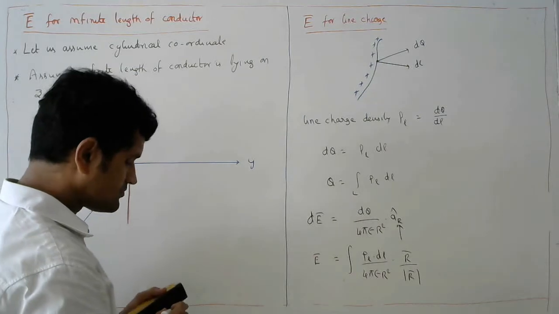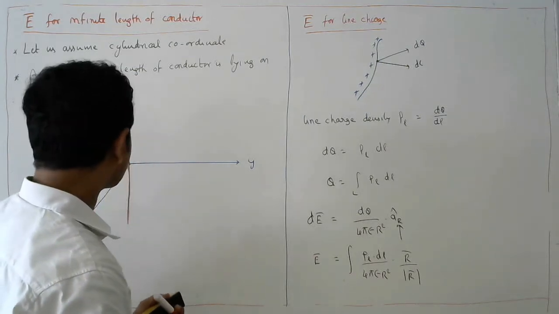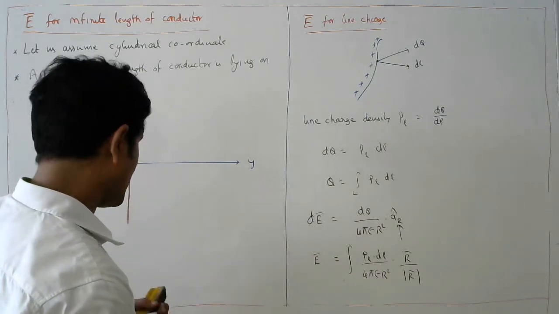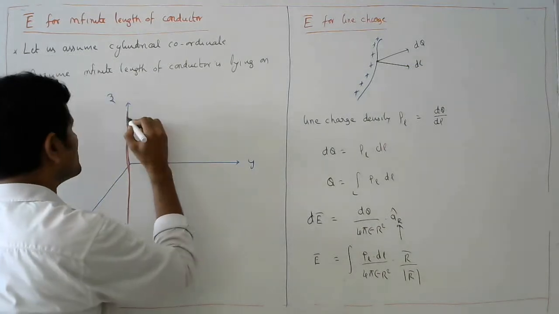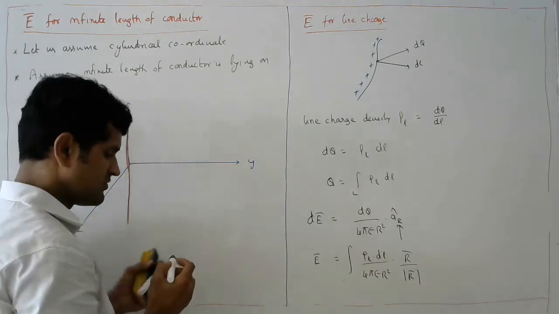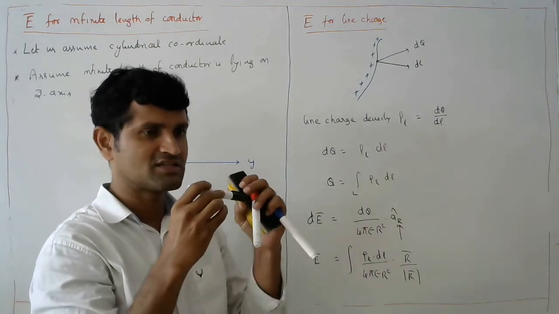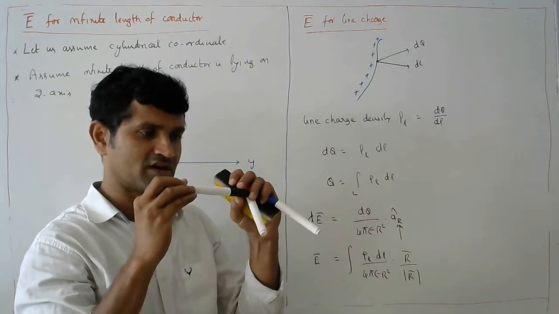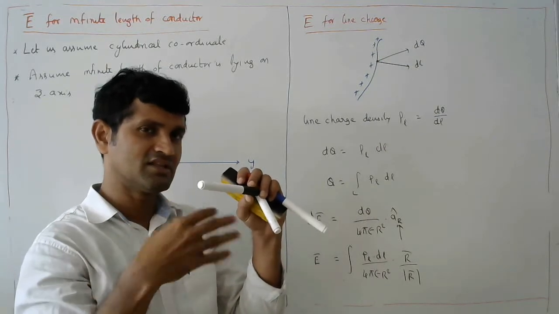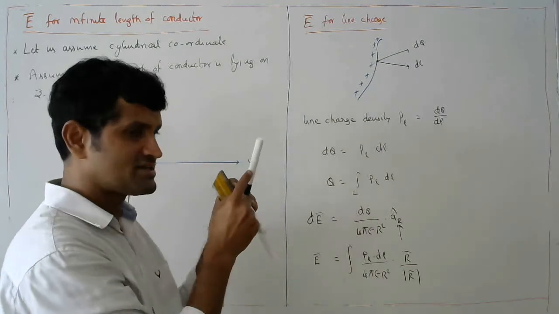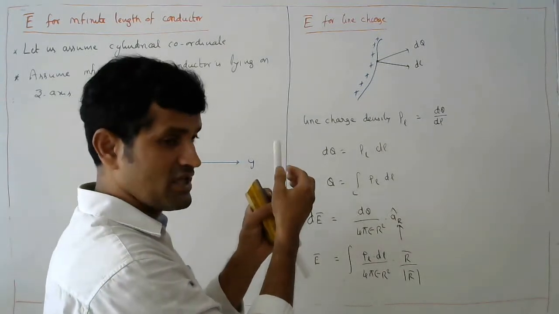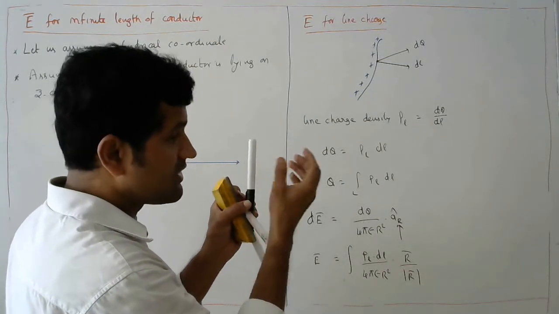Now, if you observe any one particular point of that conductor, this charge, it is like a voltage source: the electric field intensity will traverse in all directions, but it doesn't flow along this axis, meaning it will fall on the remaining two axes.